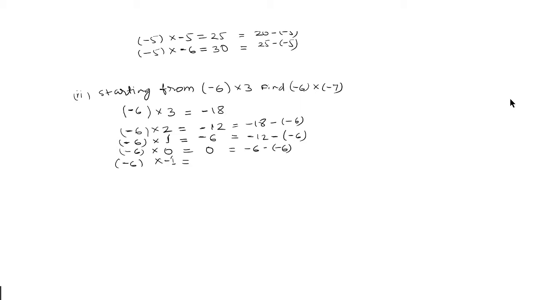Then minus 6 multiplied by minus 1 equal to 6, which we get from here, 0 minus minus 6, which is equal to 6. Then minus 6 multiplied by minus 2 equal to 12, which we get 6 minus minus 6.